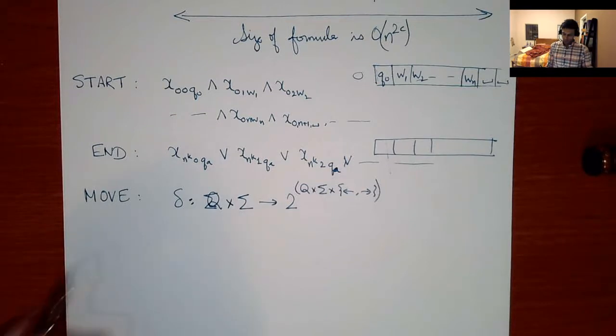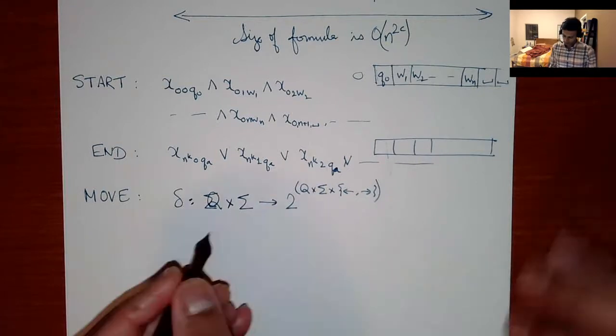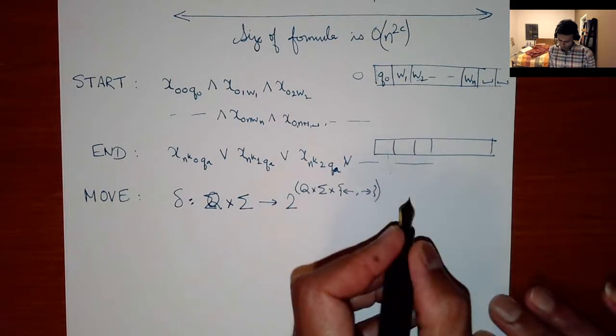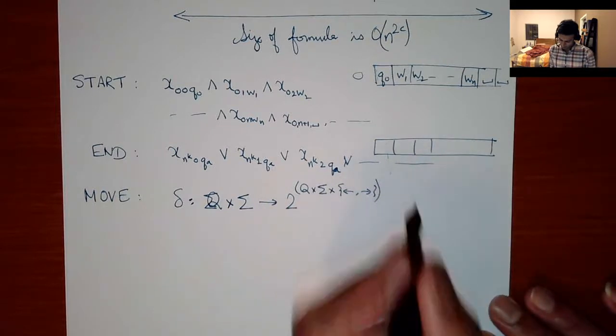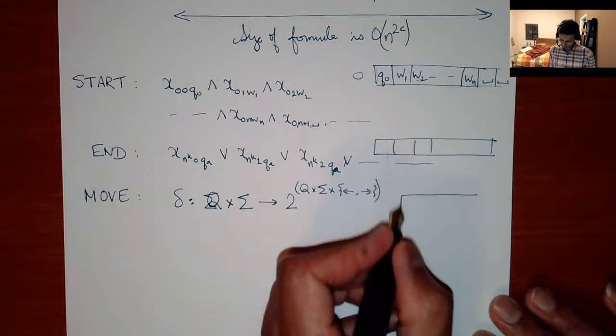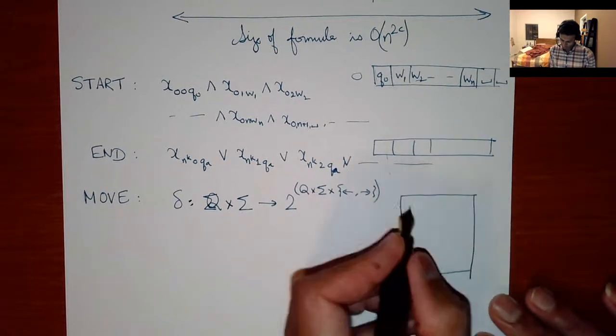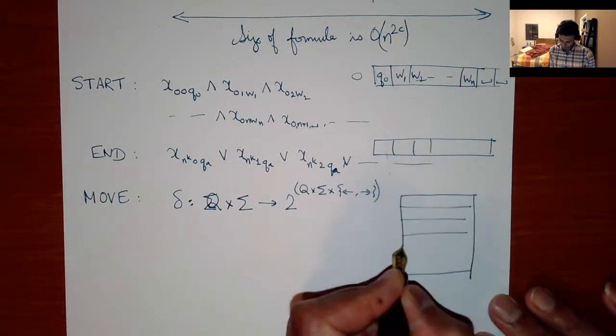And I'm just going to imagine that I could write out the transition basically as a table. Right?